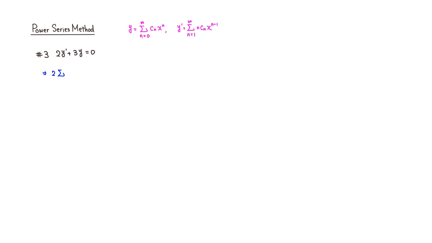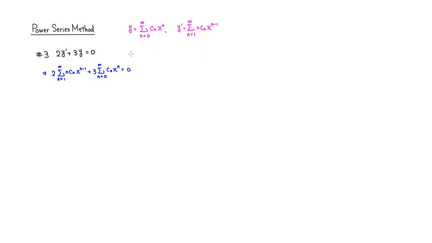Then n starts from 1 to infinity, n c_n x^(n-1). That's y', plus 3 times y, which is just the summation n goes from 0 to infinity of c_n x^n, and this is equal to 0.